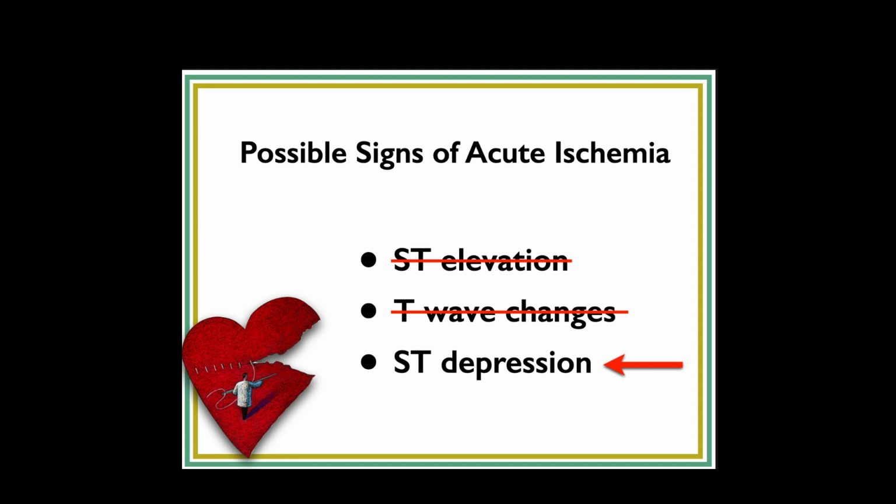So our last little bit as far as signs of ischemia, we've talked about ST elevation, we've talked about T wave changes. We're now going to circle back and talk about ST depression. Just like the T wave changes, some of this is going to be repetition. For example, we're going to mention reciprocal changes, which I think everybody has a good handle on.